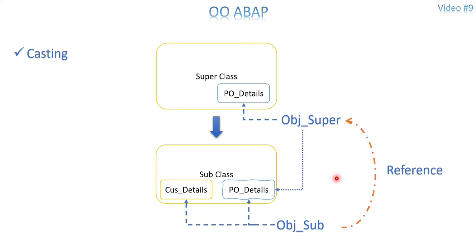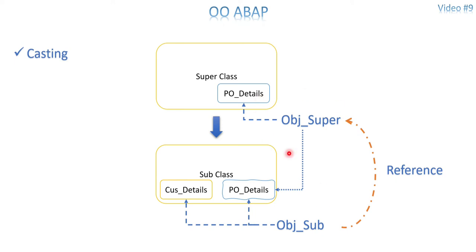Now let me go to the previous slide. This is the slide where we discussed narrow casting. Now my superclass object has a reference of the subclass object. I'm able to call the redefinition of my method in the subclass. Everything is fine.